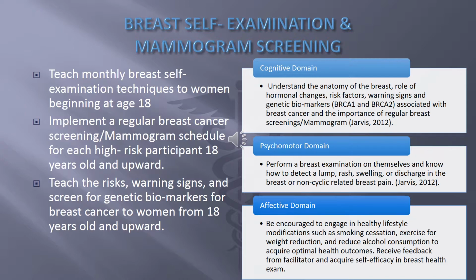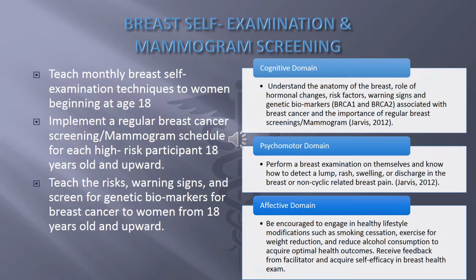Implement a regular breast cancer screening mammogram schedule for each high-risk participant 18 years old and older, and teach the risks, the warning signs, and screening for genetic biomarkers for breast cancer to that same age group.